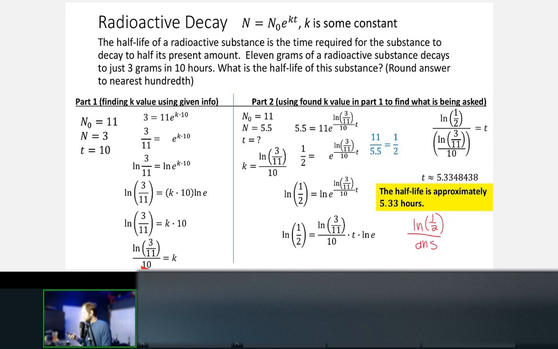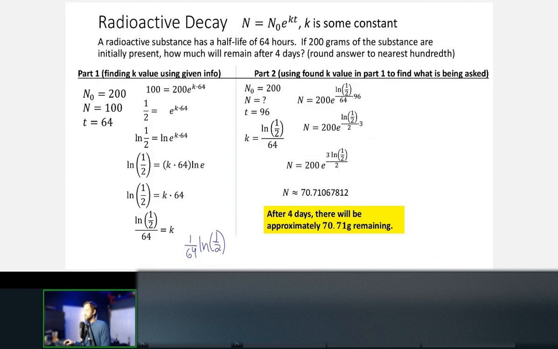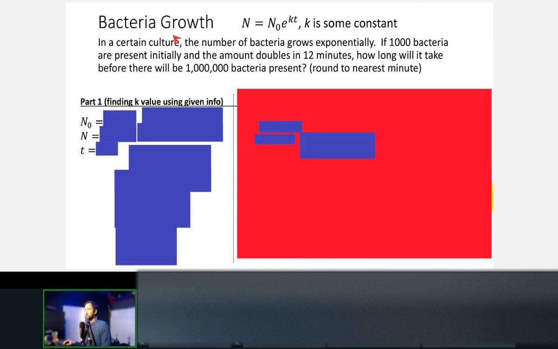If your K value is not negative, then you did something wrong, because decay should have a negative K value. And what kind of K value do you think growth is going to have? Yeah, it's going to have a positive K value. I just thought I'd point that out.